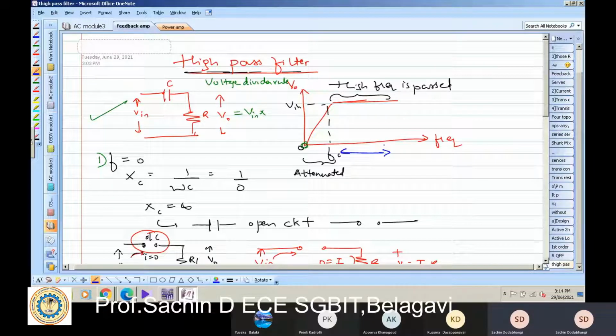Can you see this graph now? Here in this graph, above the cutoff frequency means above FC.